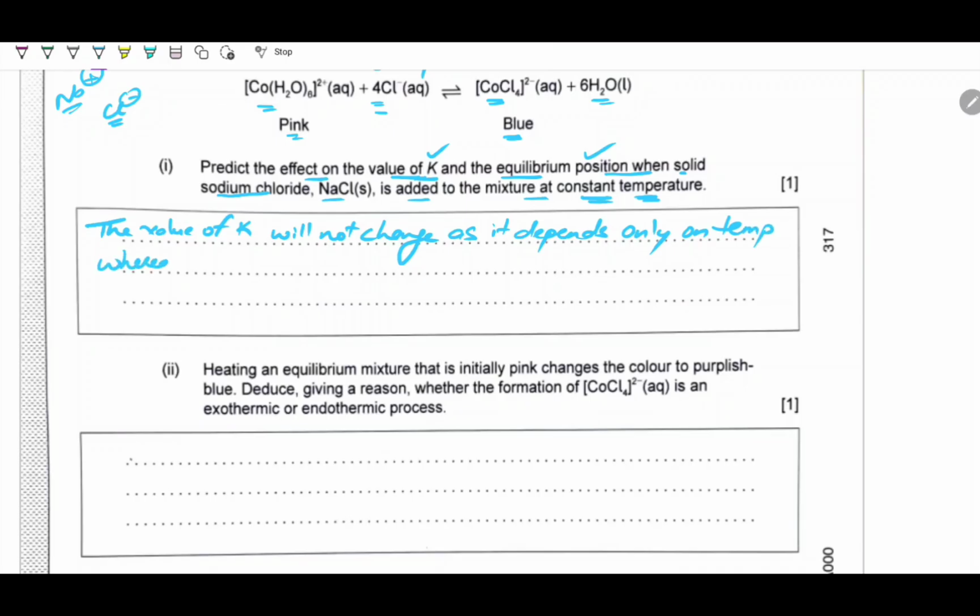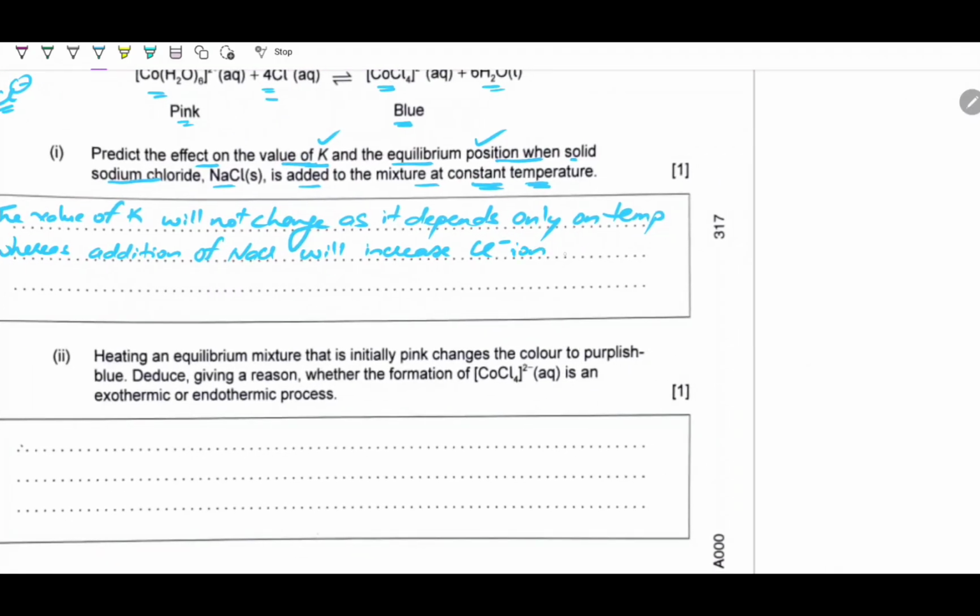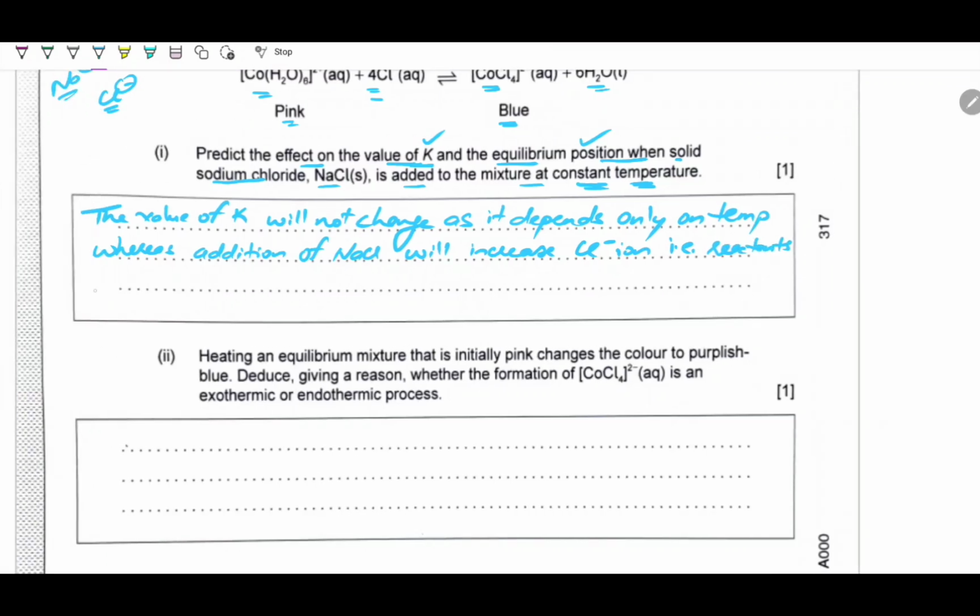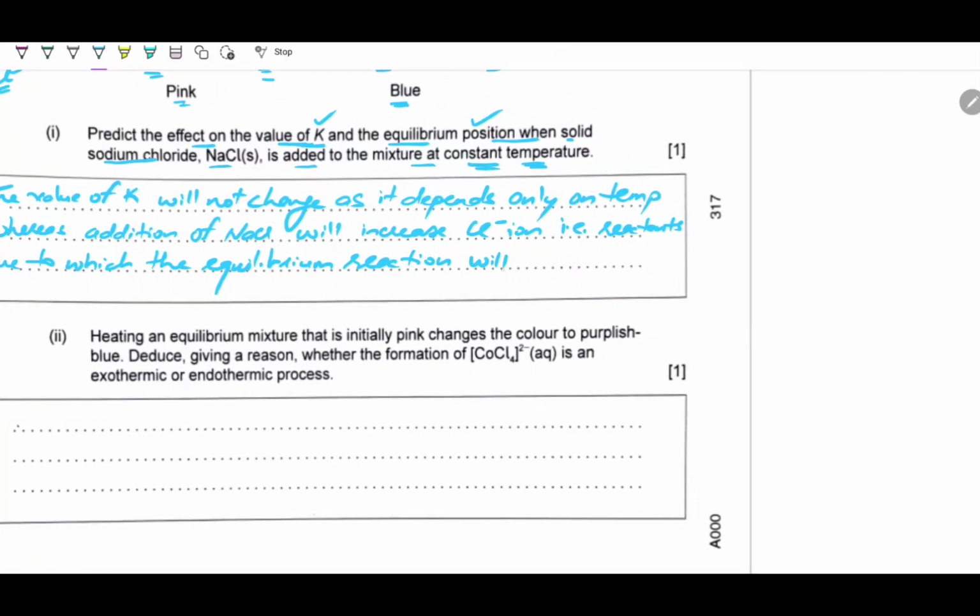Whereas addition of NaCl will increase Cl minus ions, that is reactants, due to which the equilibrium reaction will shift in the forward direction.